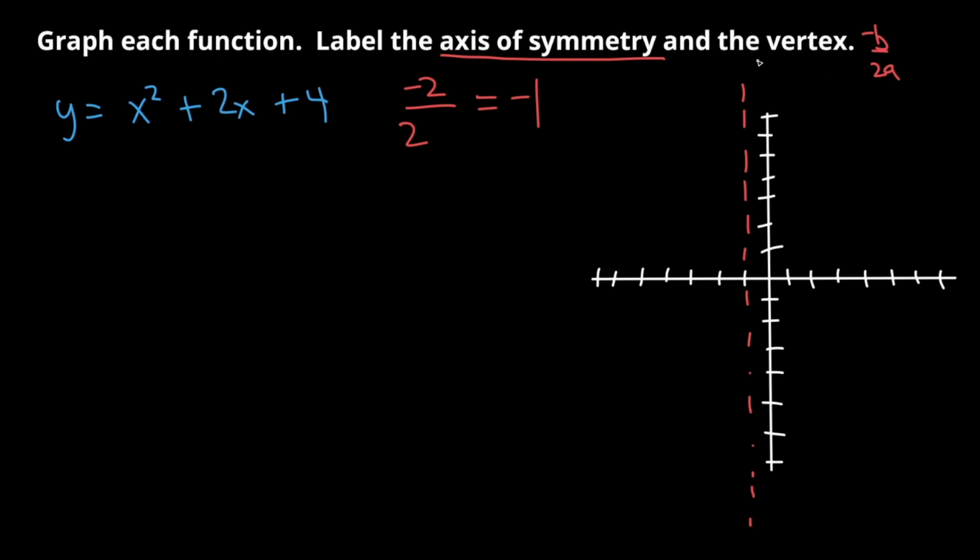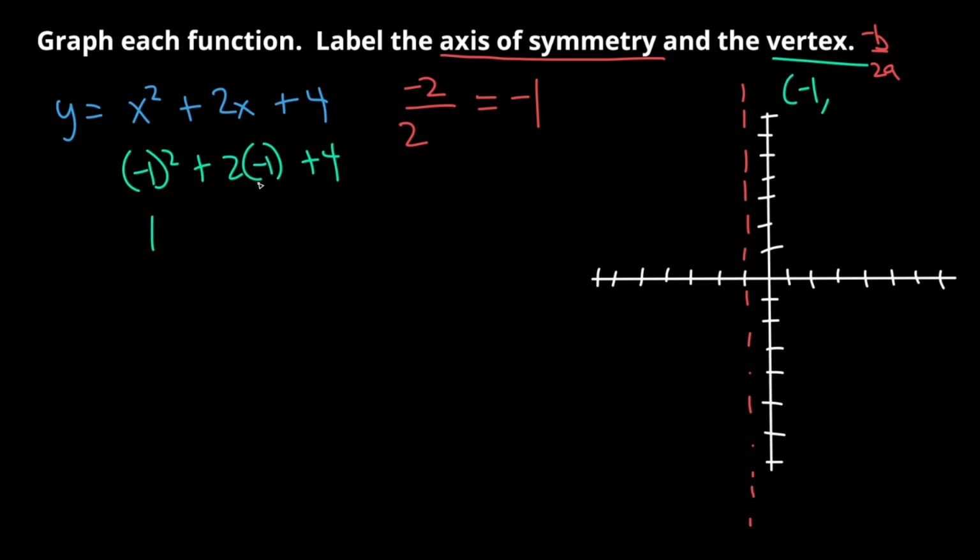Now we want to find the vertex. So the vertex is negative 1. And then I plug in negative 1 for x to see what the y value is. So we can go ahead and do that. We can say negative 1 squared plus 2 times negative 1 plus 4. Simplify this. Negative 1 squared is just 1. 2 times negative 1 is negative 2.